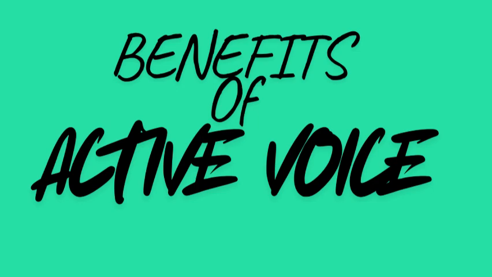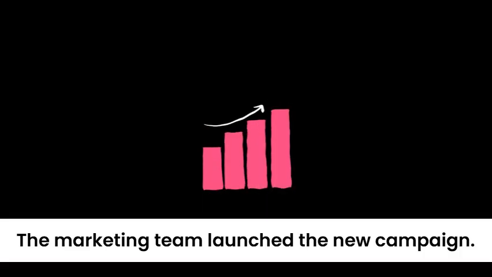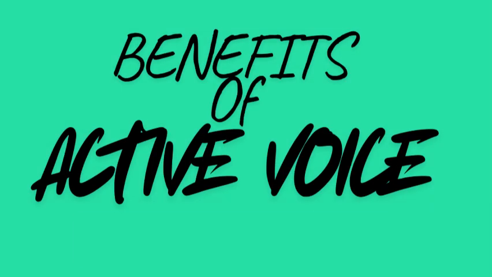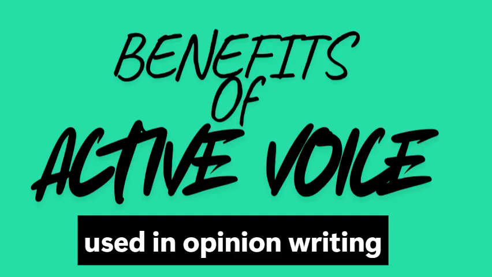For instance, in a business report, the sentence, the marketing team launched the new campaign, clearly states who took the action, and this helps readers to quickly identify the responsible party. This is why this style is also preferred in opinion writing, as it shows confidence and authority.